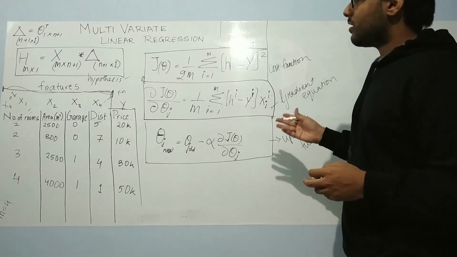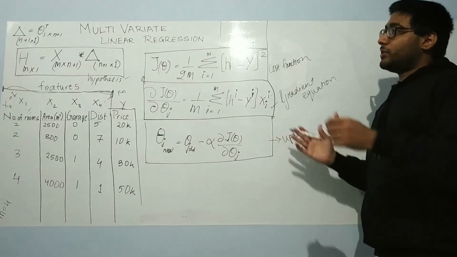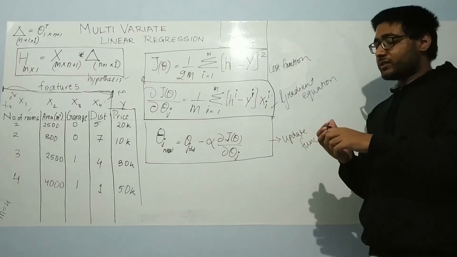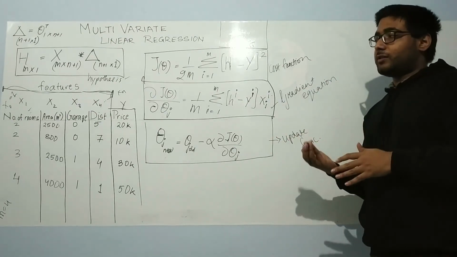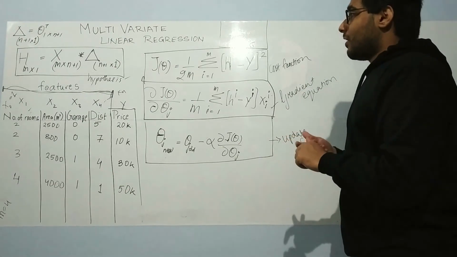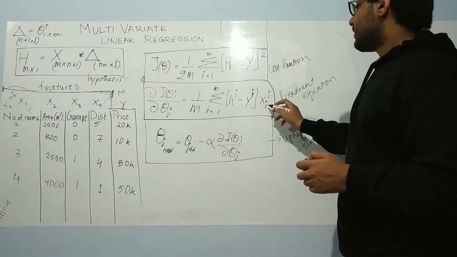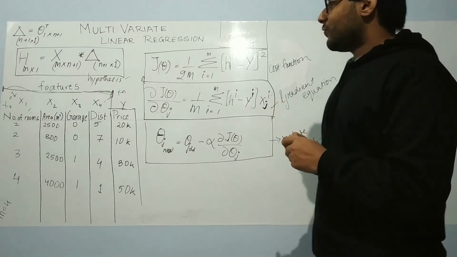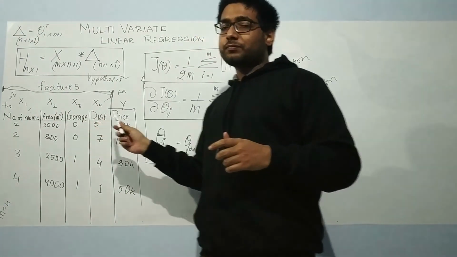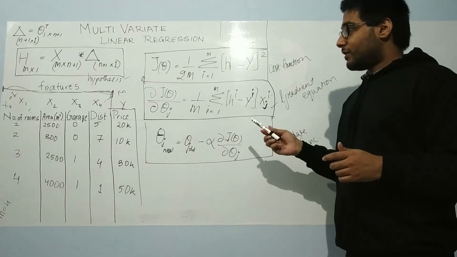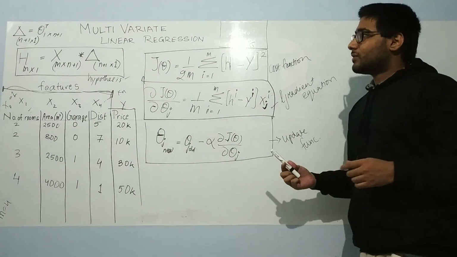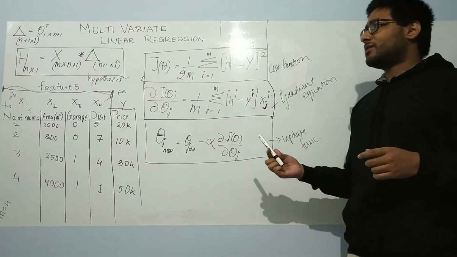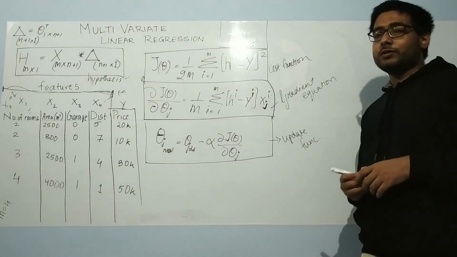I hope you can relate multivariate linear regression with simple linear regression. There is not much difference. The only difference is that we have to introduce this extra parameter j because we are using multiple features here. So you can get the intuition of this from simple linear regression. It's not much different.